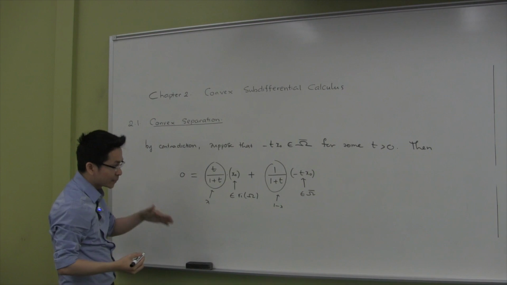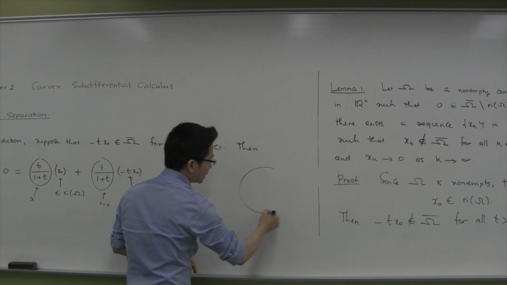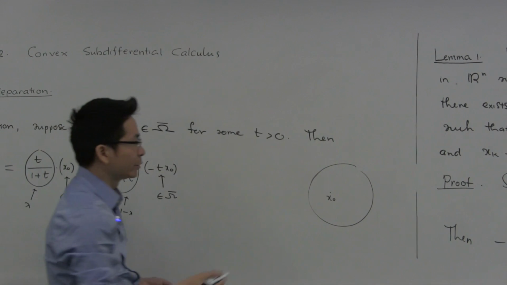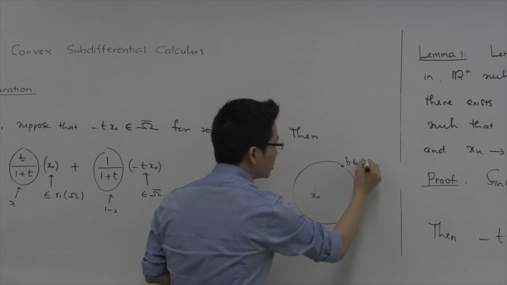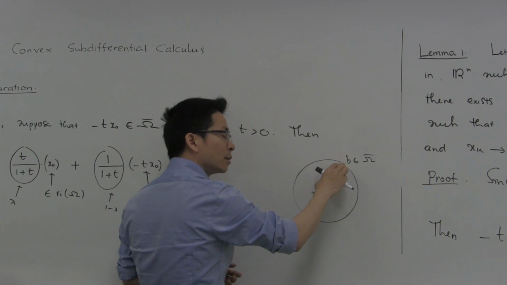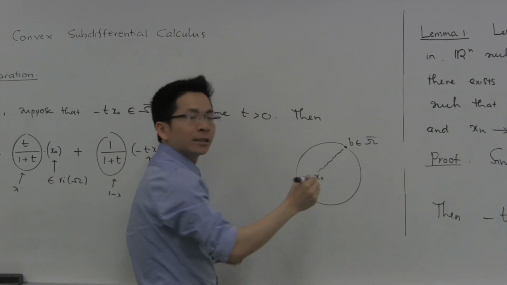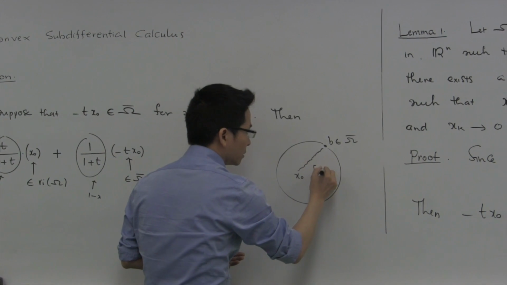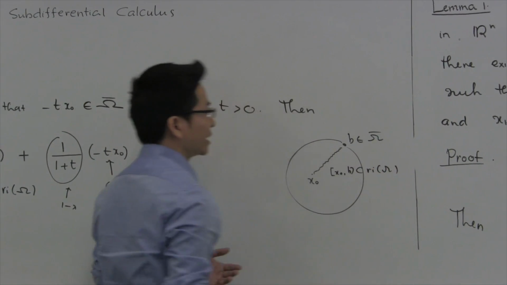At the same time, we already stated a theorem earlier saying that if we take a point x0 in the relative interior of omega, and a point b that is in the closure of omega, then any point in this half open interval is in the relative interior of omega.